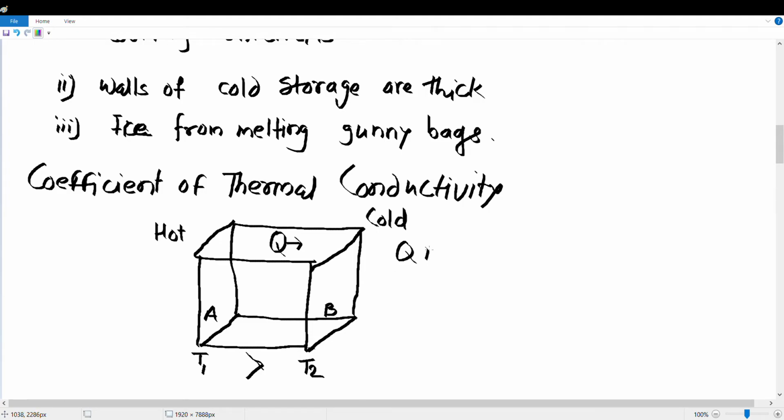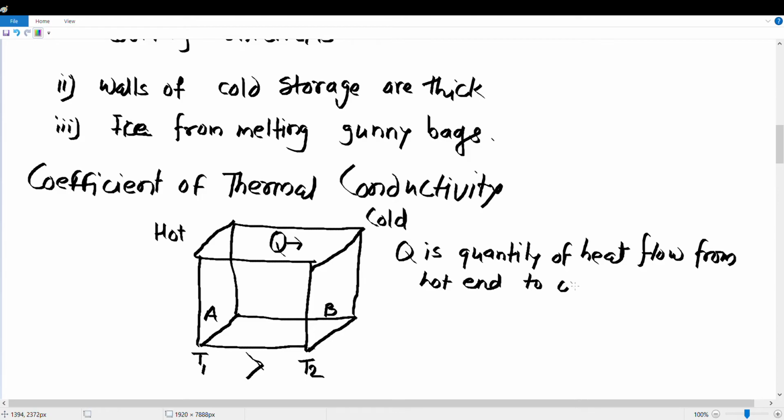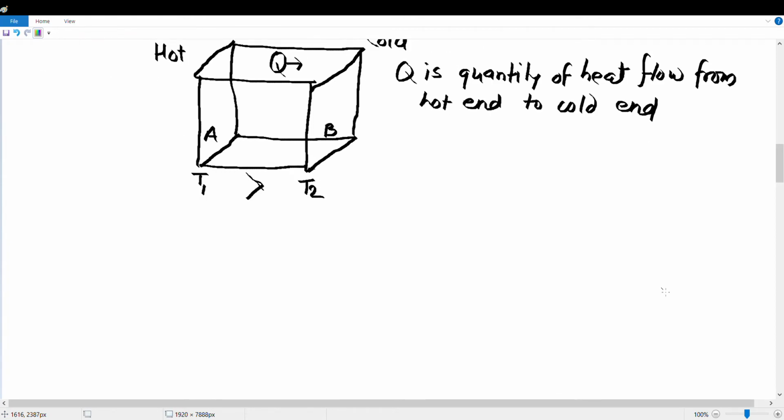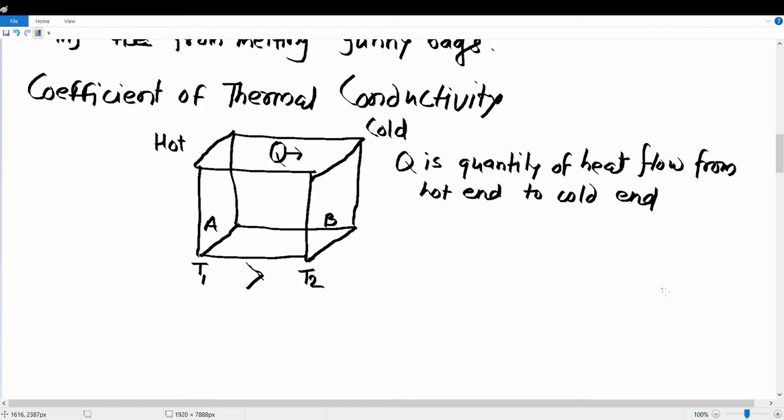Q is the quantity of heat that flows from hot end to cold end. This quantity of heat which flows from hot end to cold end depends on various factors. Let us see one by one which are the factors.